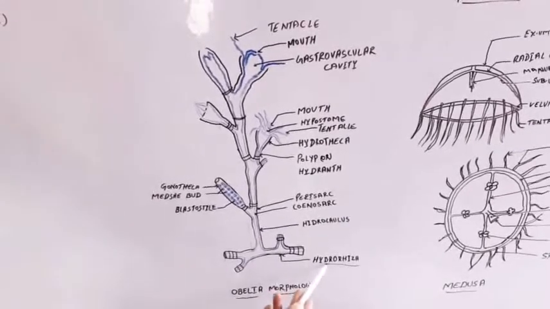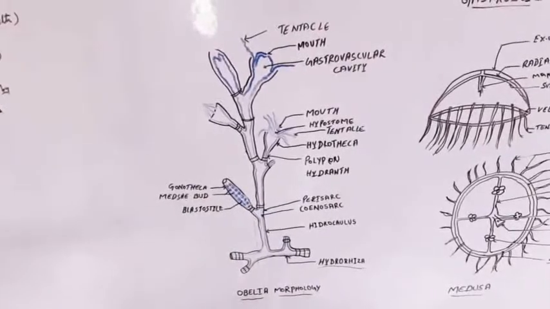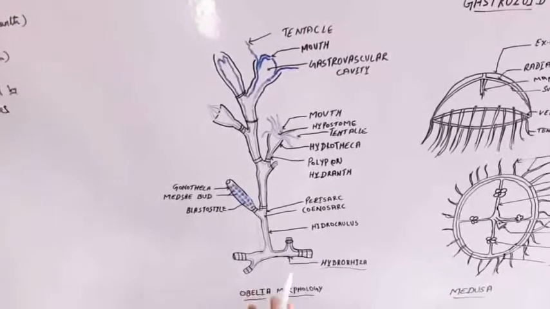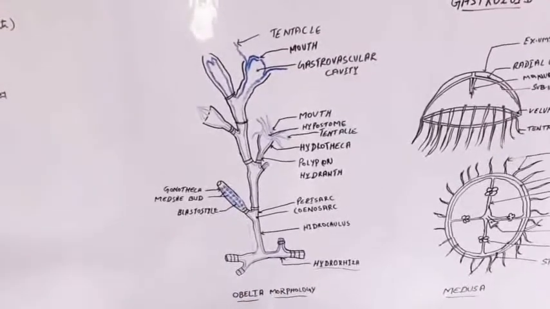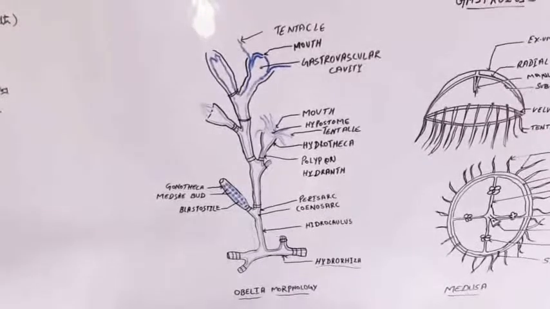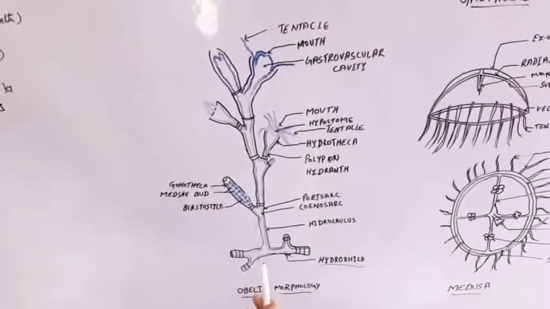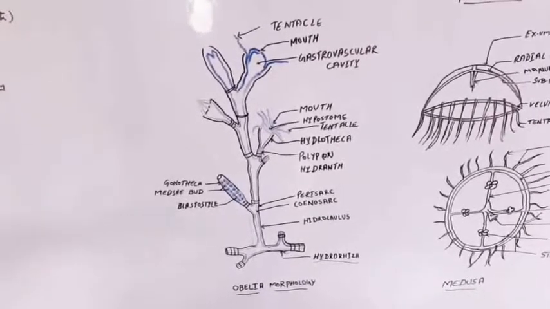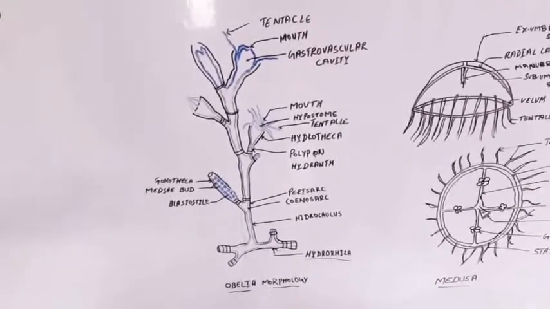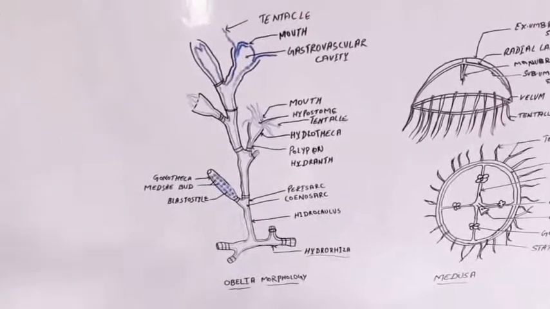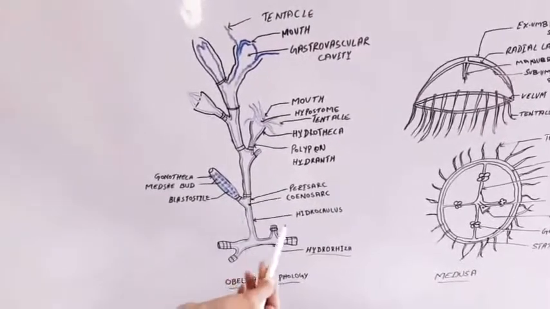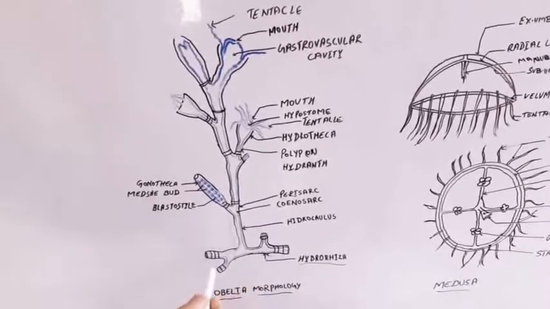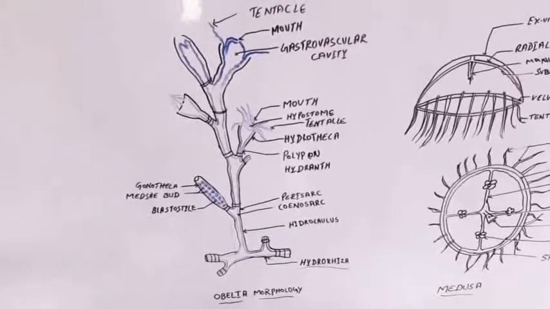This hydrorhiza helps the Obelia to attach to the substratum. So the Obelia is found attached to the substratum with the help of the hydrorhiza.